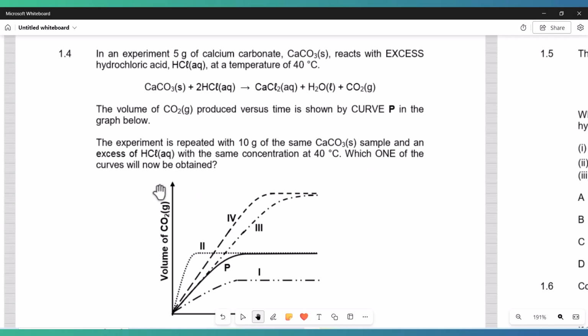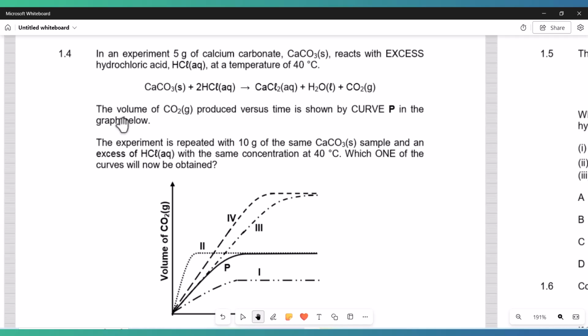I repeat, in an experiment, 5 grams of calcium carbonate reacts with excess hydrochloric acid at a temperature of 40 degrees Celsius. This is our equation.